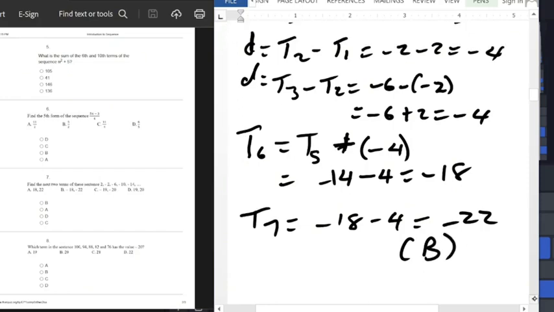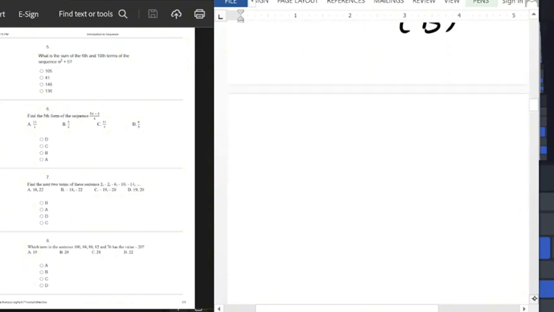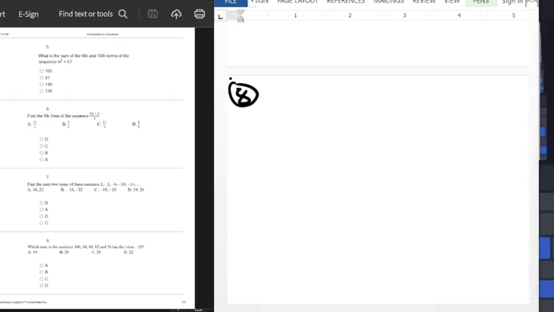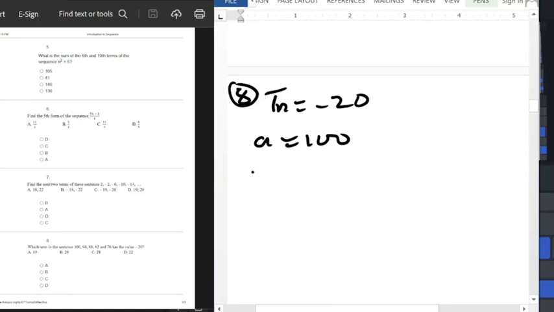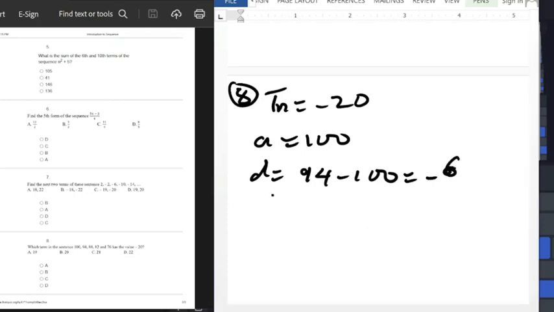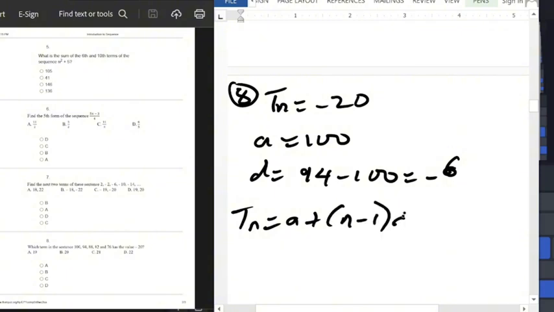Then number 8. Question 8. Which term in the sequence 100, 94, and so on has the value minus 20? So the nth term Tn is minus 20. The first term is 100, and the common difference is 94 minus 100, which is minus 6. Tn equals a plus (n minus 1)d.